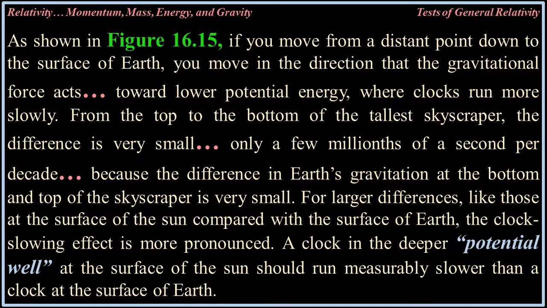For larger differences, like those at the surface of the Sun compared with the surface of Earth, the clock slowing effect is more pronounced. A clock in the deeper potential well at the surface of the Sun should run measurably slower than a clock at the surface of Earth.